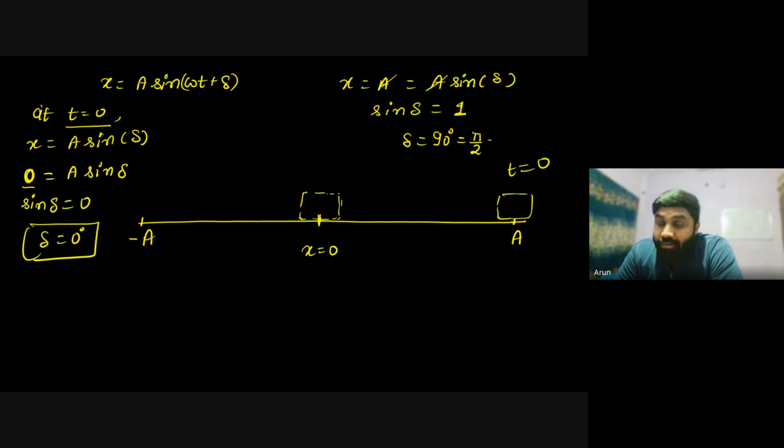Look how important this delta is. It will be given in the question, like the body starting its motion from the mean position, or from x equals some value. That is important to determine the value of delta here.